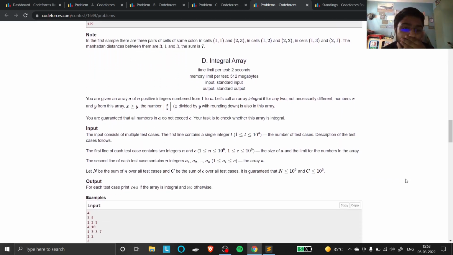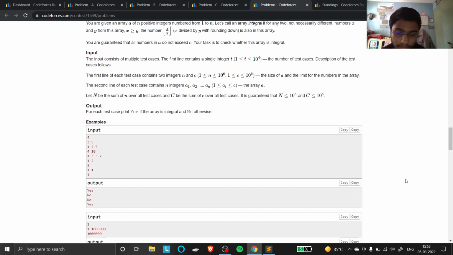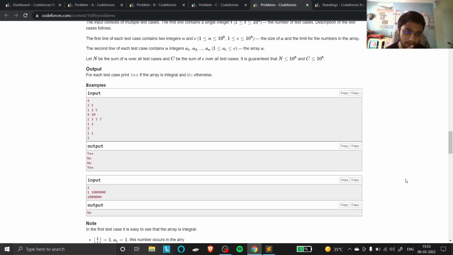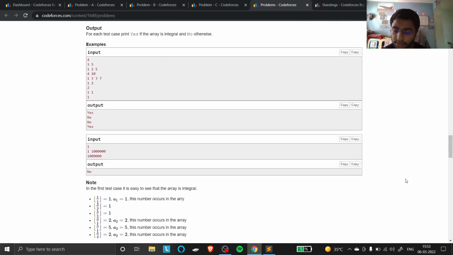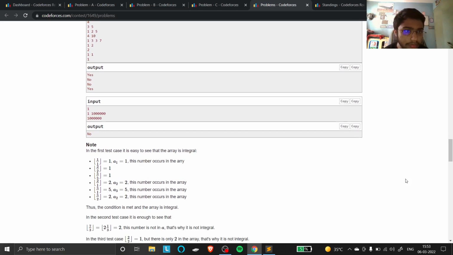Fine. How could we do this? For any two numbers it should be valid. One should be there, one is the must condition.